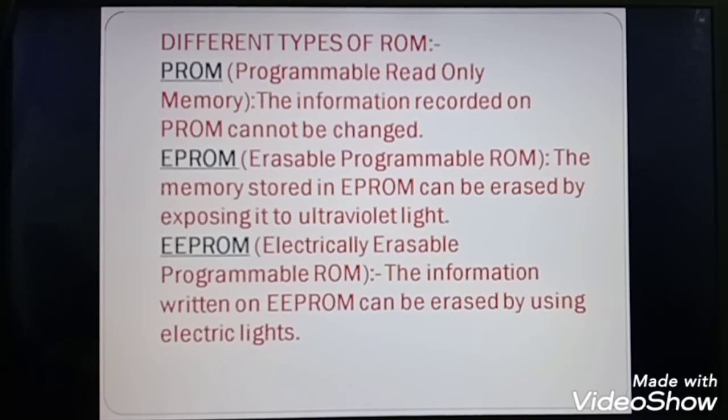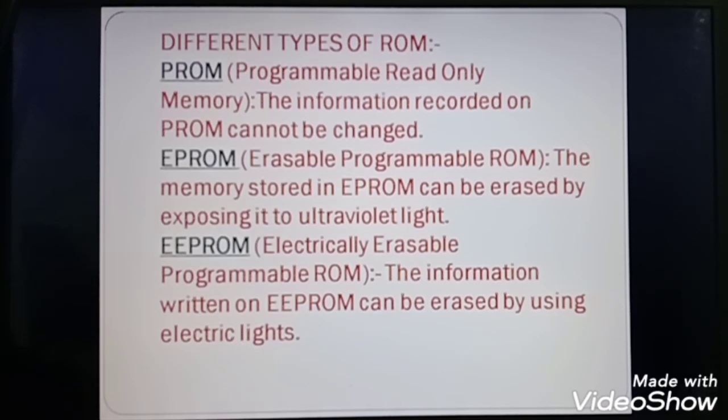EPROM, Erasable Programmable ROM. The memory stored in EPROM can be erased, that is deleted, by exposing it to ultraviolet light. EEPROM, Electrically Erasable Programmable ROM. The information written on the EEPROM can be erased by using electric signals.